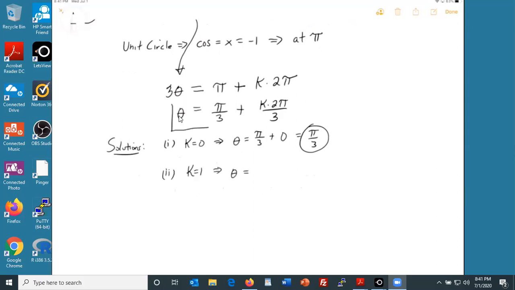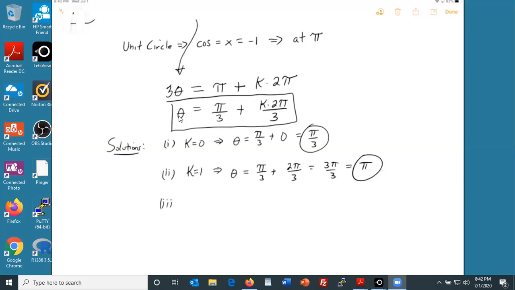Now using this, theta equals pi over 3 plus, if k is 1, then that becomes 2 pi over 3, which is 3 pi over 3, which is pi. Well, that's a solution, because it's between 0 and 2 pi. Because that's 1 pi, and 1 is between 0 and 2. Let's keep going until we realize that the numbers are too big.